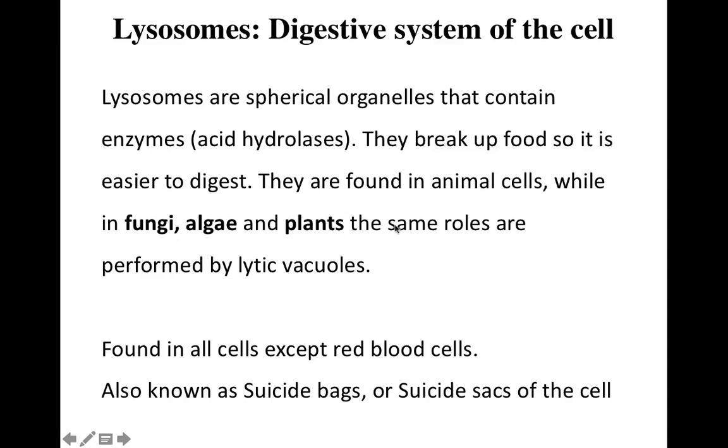They're found in all animal cells, while in fungi, algae, and plants, the same role is performed by the lytic vacuoles. But in case of animal cells, they're not found in the red blood cells. The reason is that the red blood cells do not contain any membrane-bound organelles.